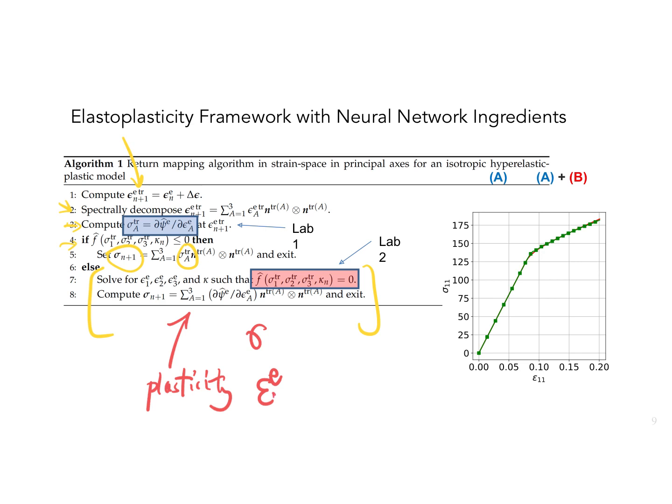Because in each step, the new strain is given. I just simply need to partition it into the elastic part and the plastic part. Then I can already update the stress, right? You see what I mean? Or equivalently, I can say that I want to know how the stress changes, and how the hardening evolves, and I can solve the problem. I put all the constraints there, and then I can get the update.